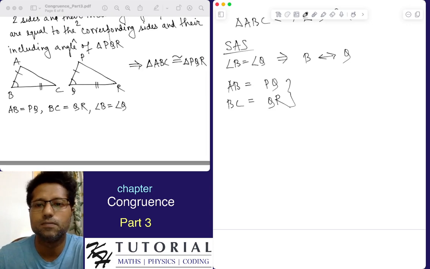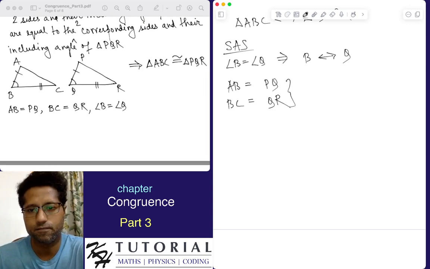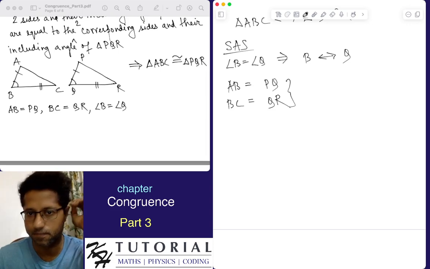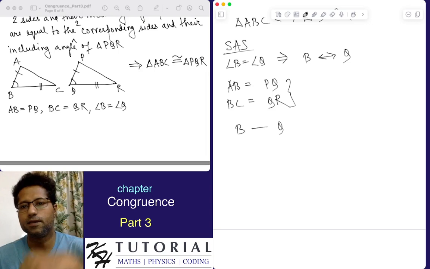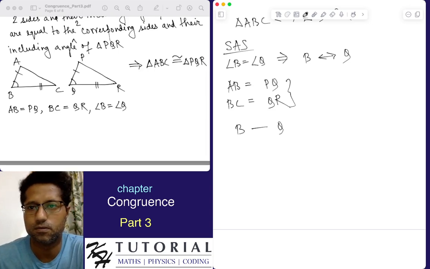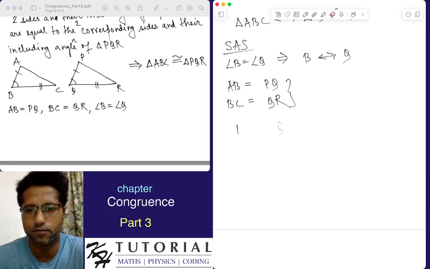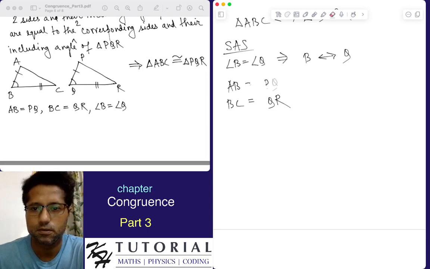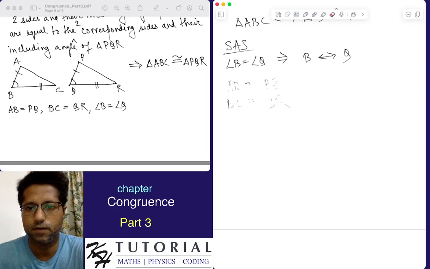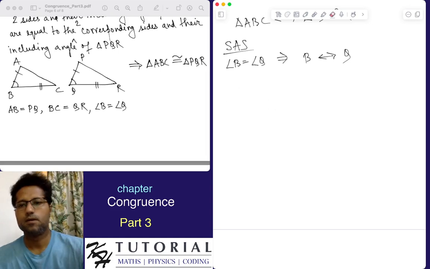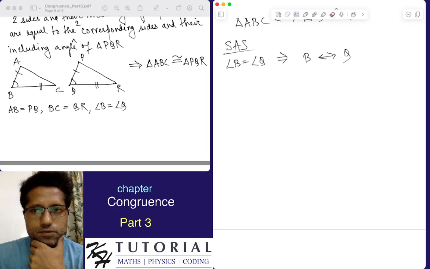If I see these two equalities, the common point of sides AB and BC is B, and the common point of the two sides PQ and QR is Q. So B and Q is already given, this is not helping. B is mapped to Q is already given from the angle. Now, how do we know the mapping of vertices A and C? This is the question.